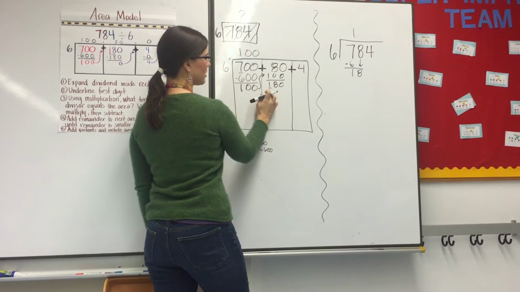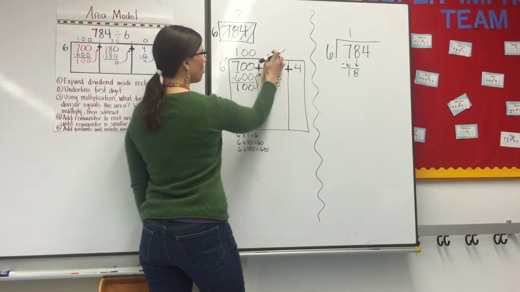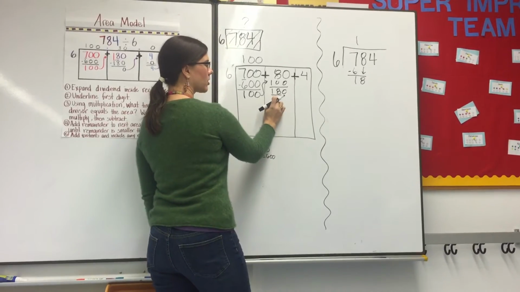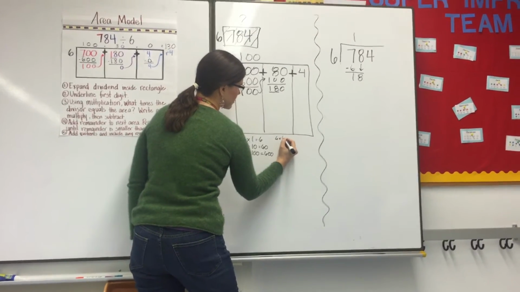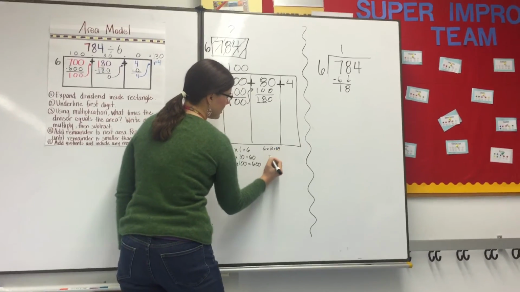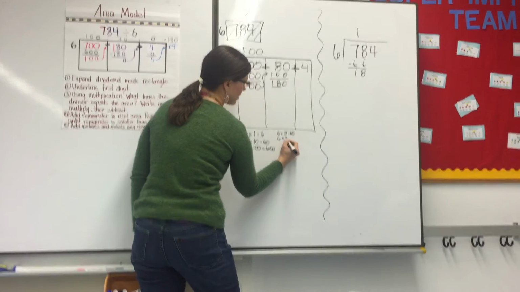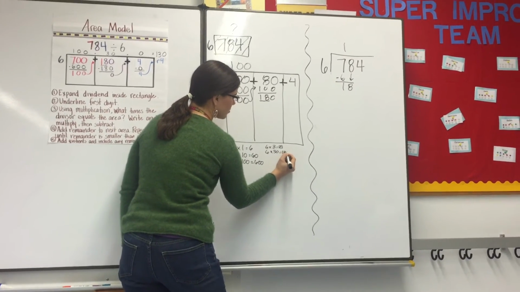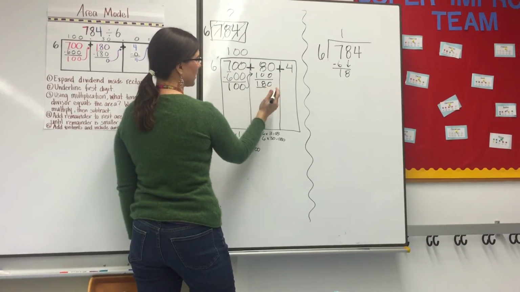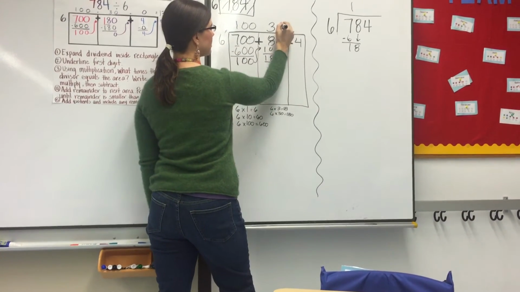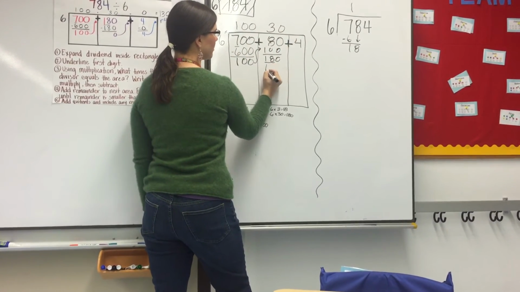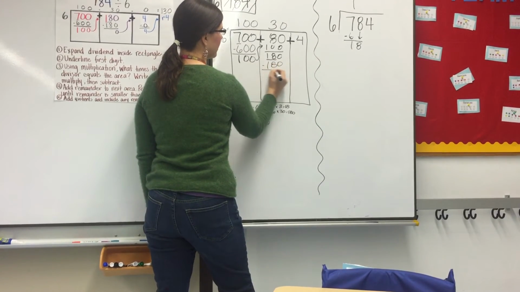Nothing times 6 will give me 1. What times 6 will give me a number close to 18 without going over? 6 times 3 equals 18. 6 times 30 equals 180, which is what I have. So I know 3 times 6 will give me 18, so 3 times 30 will give me 180.